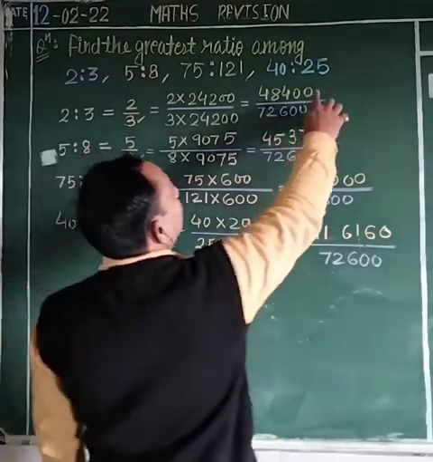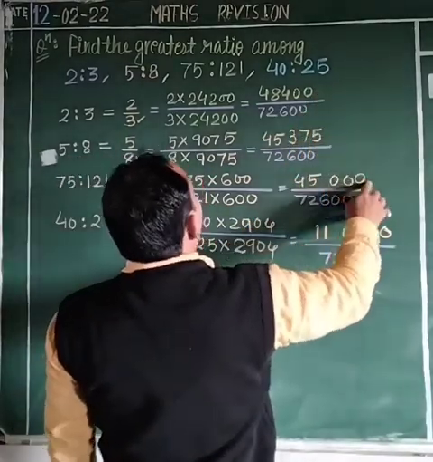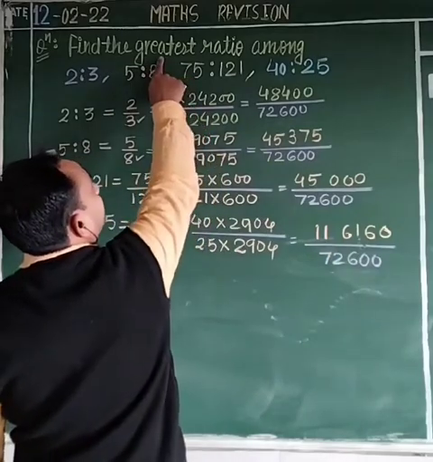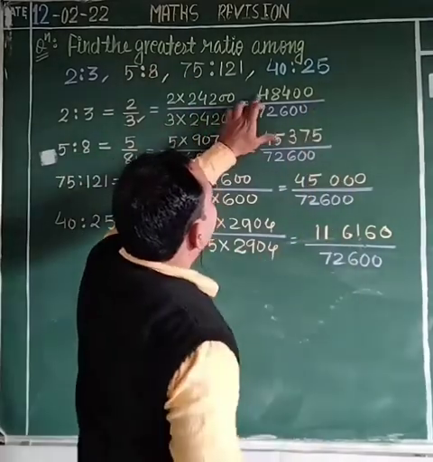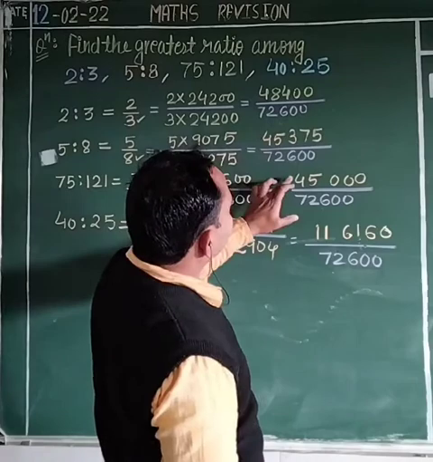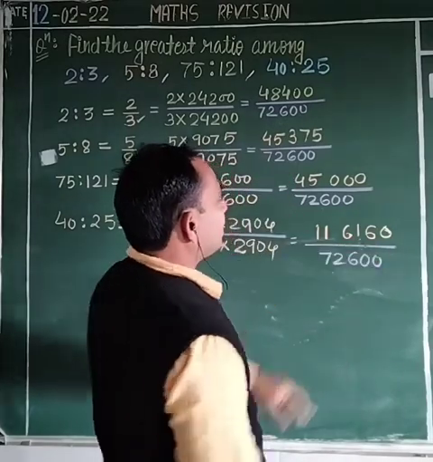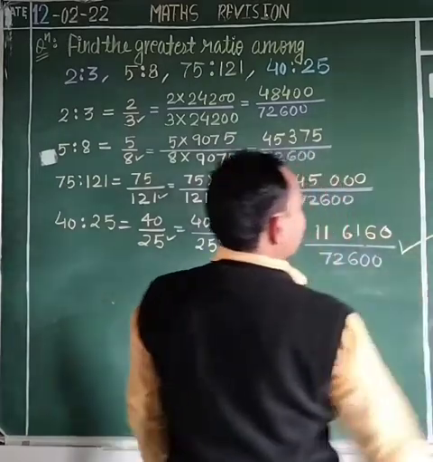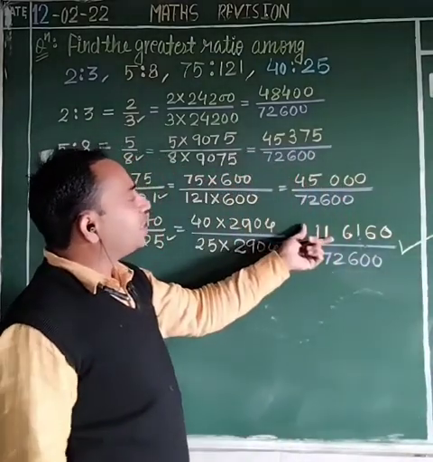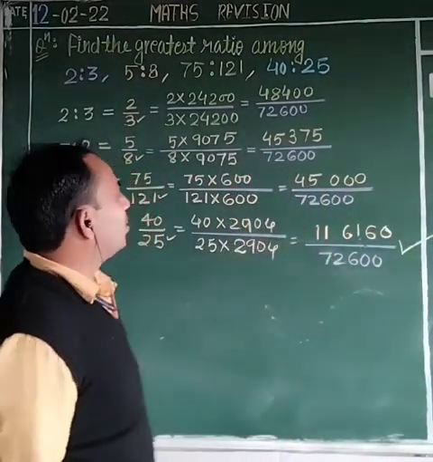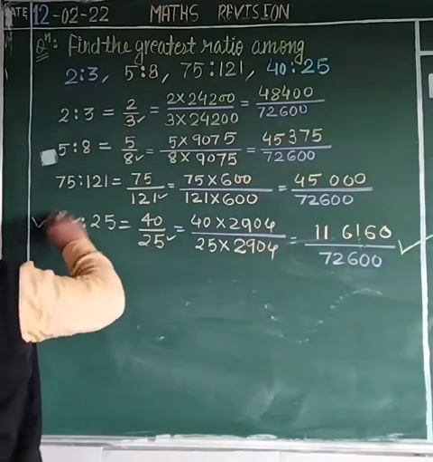So check whose numerator is greatest class, because the question is asking about greatest. This is a 5-digit number, 5-digit number, 5-digit number, but this is a 6-digit number. So obviously this fraction is biggest because this numerator is biggest.